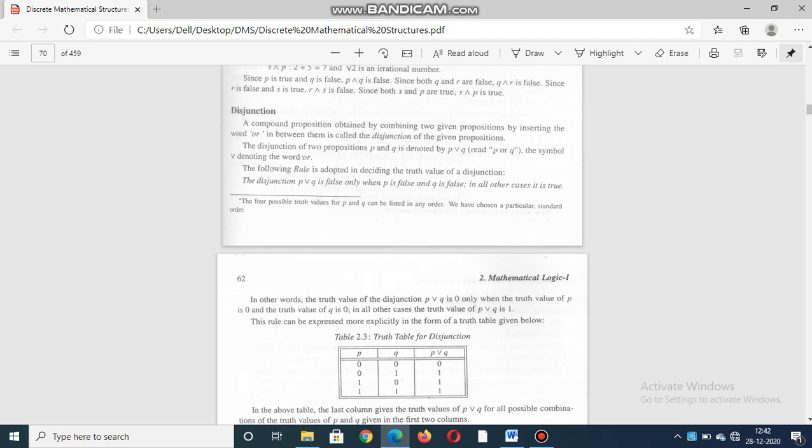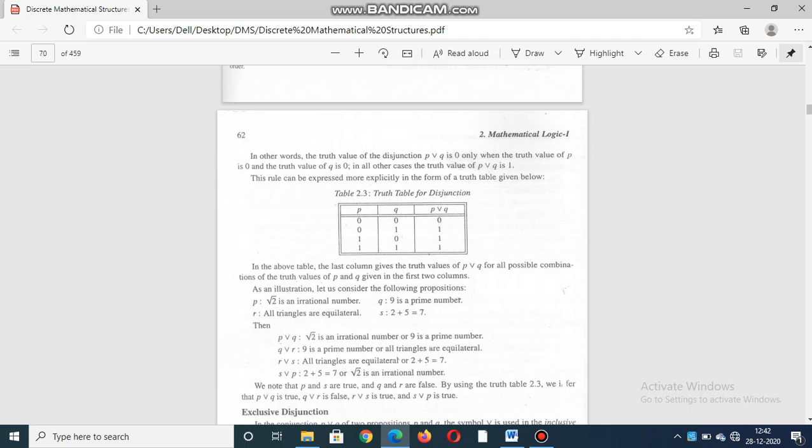Here if any one element is 1, the output is 1. Only if both elements are 0, then it is 0. If P or Q, any one element is 1, then definitely the output is 1. You just observe, P is 0, Q is 0, P disjunction Q is 0. But in all remaining states, it is 1, 1, 1. So that is your disjunction.